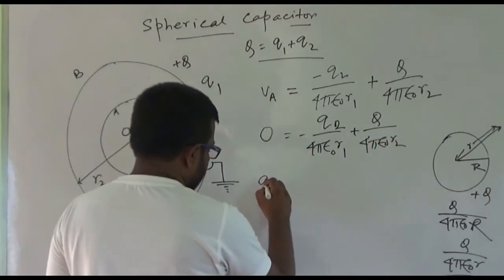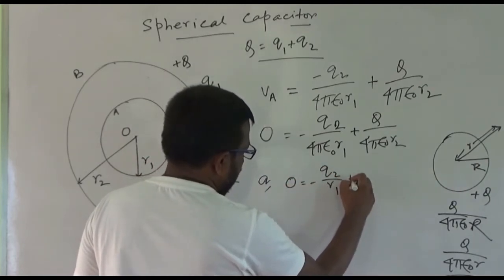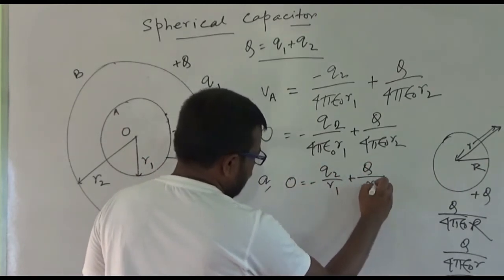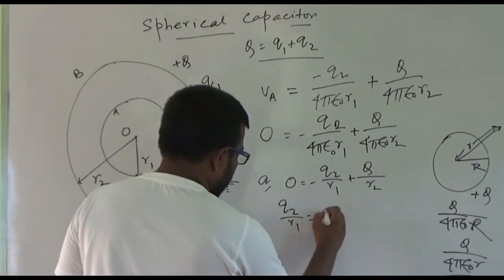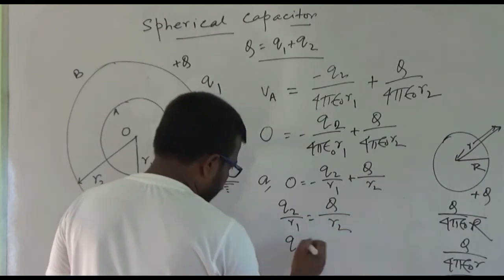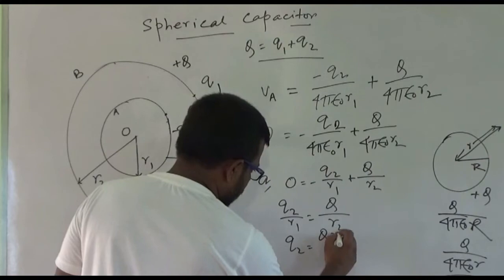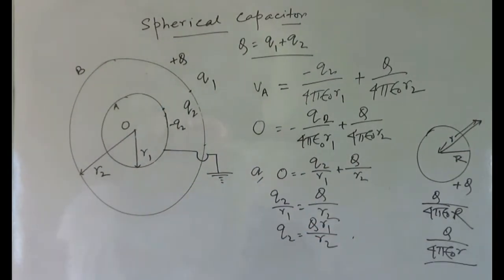Or we can write 0 equals minus Q2 by R1 plus capital Q divided by R2, or Q2 by R1 equals capital Q divided by R2, or small q2 will be equal to capital Q R1 divided by R2. That will be the charge on the inner sphere.